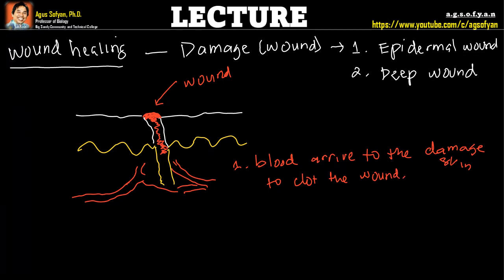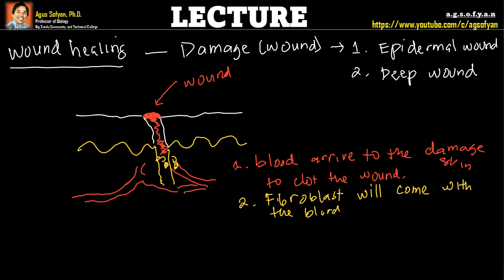Okay, so this blood will also carry a special connective tissue cell called the fibroblast. So these fibroblasts will produce fiber.